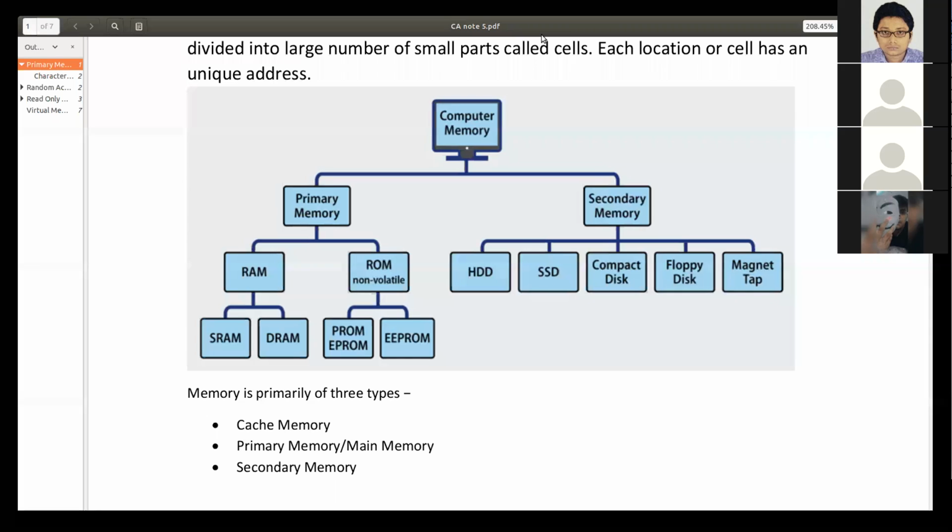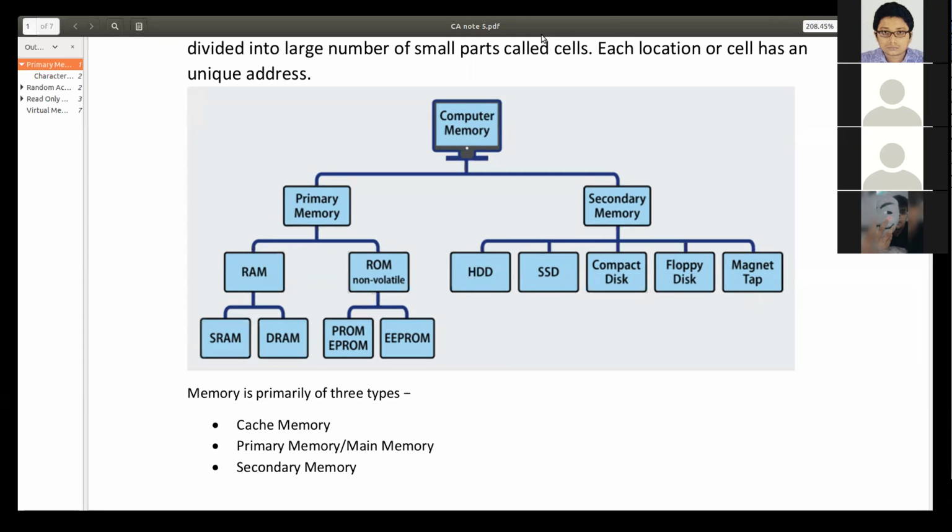These are additional memories, like your pen drive. If you don't have a pen drive, your computer system will still run, but if you don't have RAM, your computer system will not run. That's the difference between auxiliary memory and the other types of memory. Auxiliary means additional.